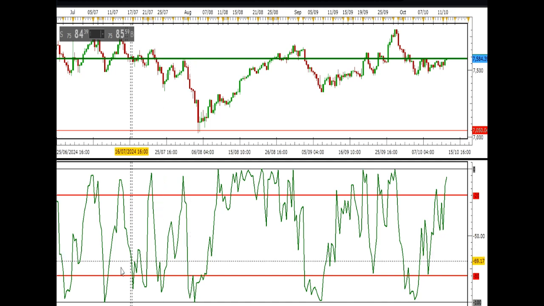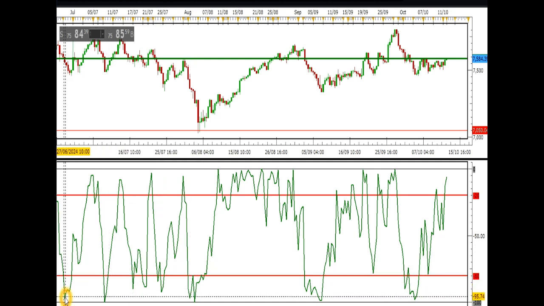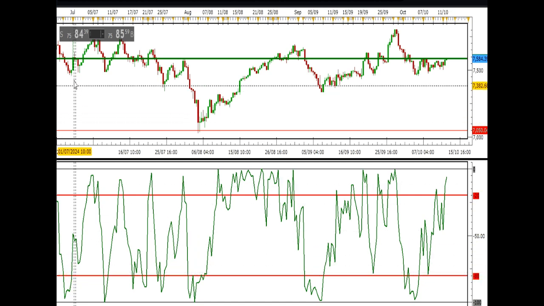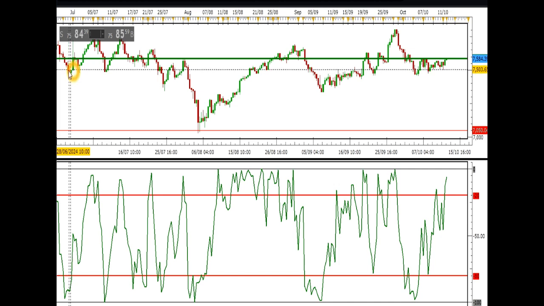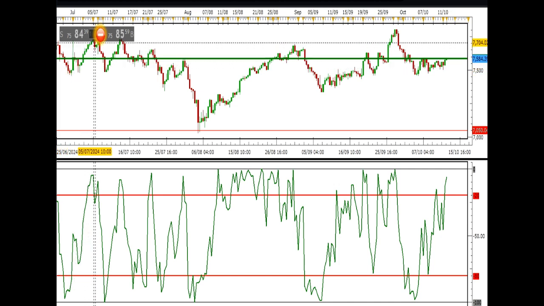If the line goes down here, on the way up, it touches this red line right here. As soon as it touches this line, you look up at your normal 6-hour chart and take a buy trade right there, and you make profit.